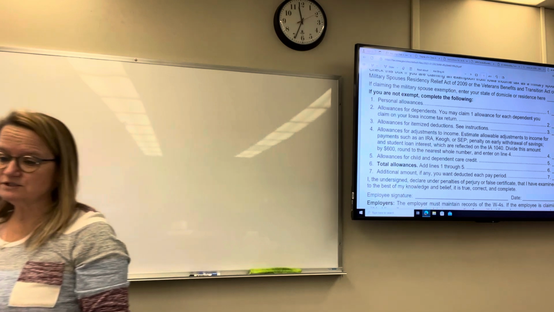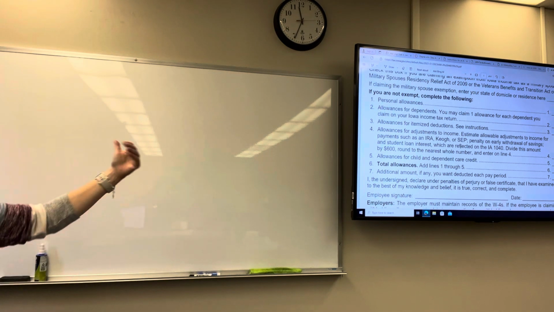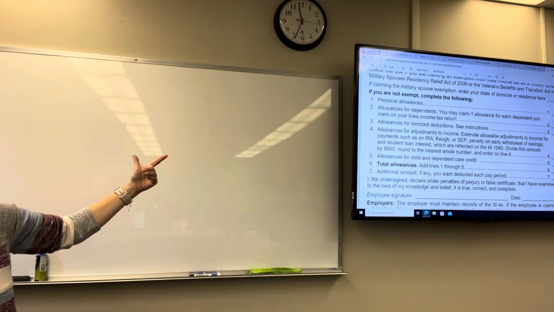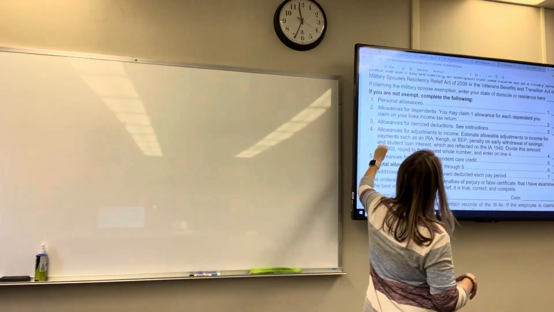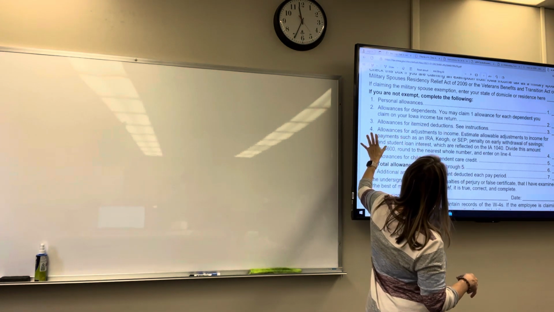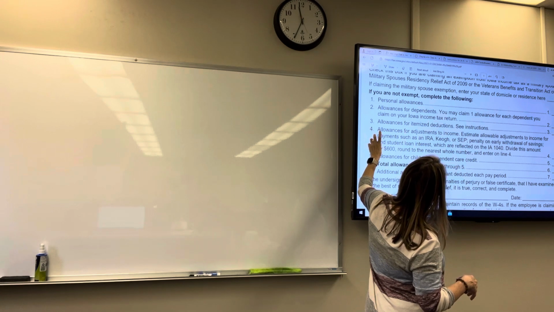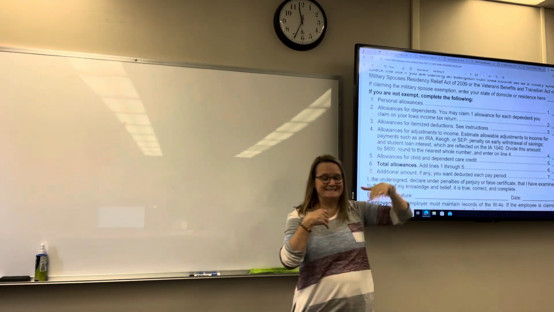If they had an allowance for the itemized deductions after they did those calculations, those would be added on line 3. Any adjustments to income. So again, let's see, penalty on early withdrawal. These are all items that would be deductions.